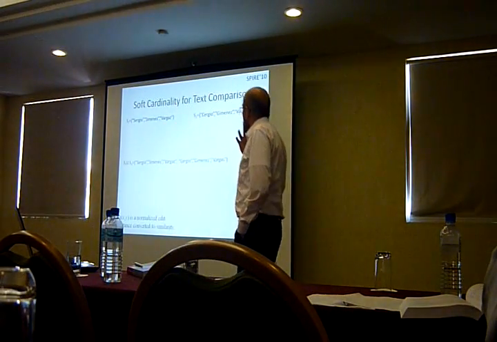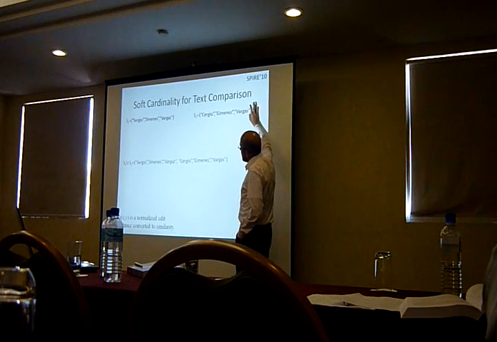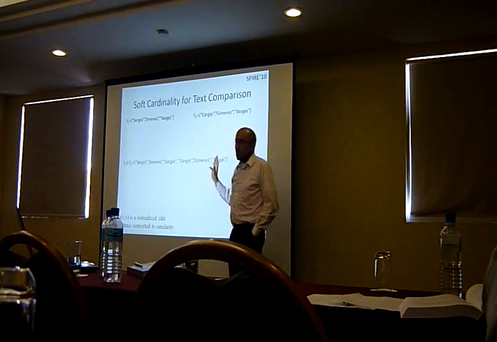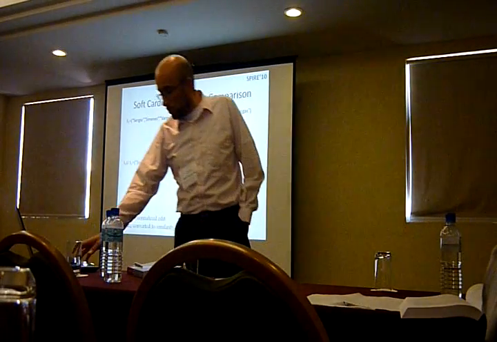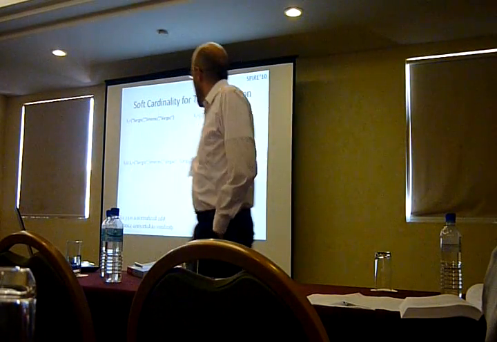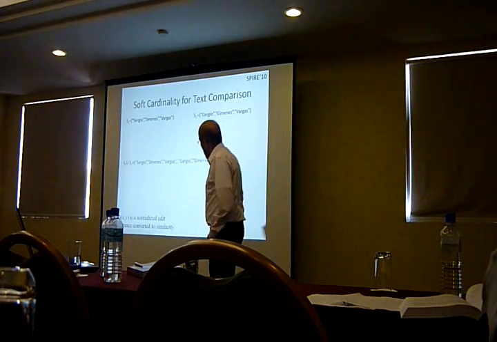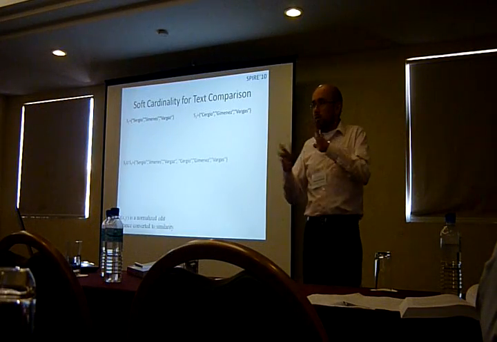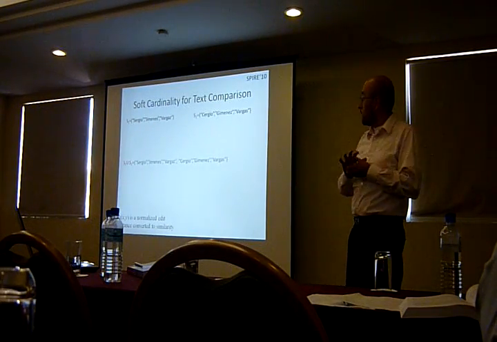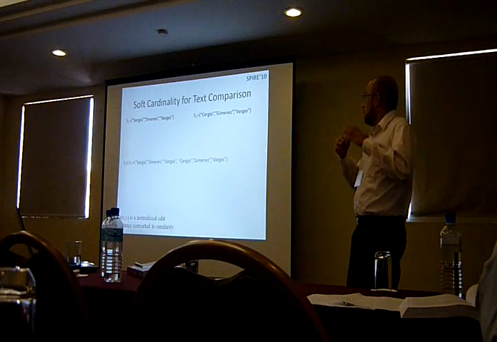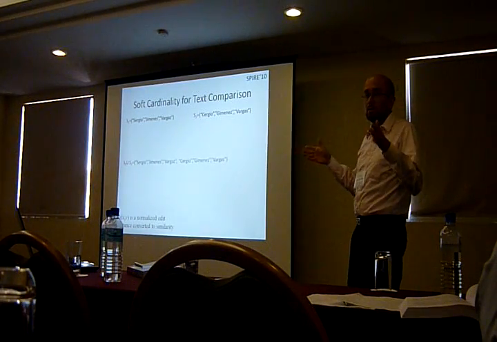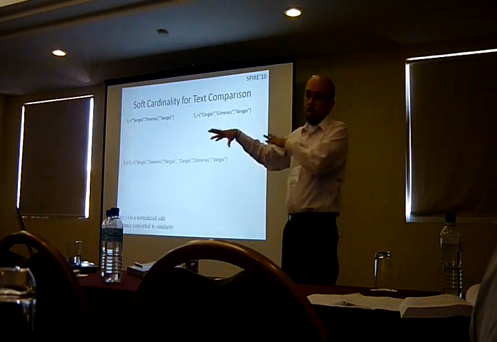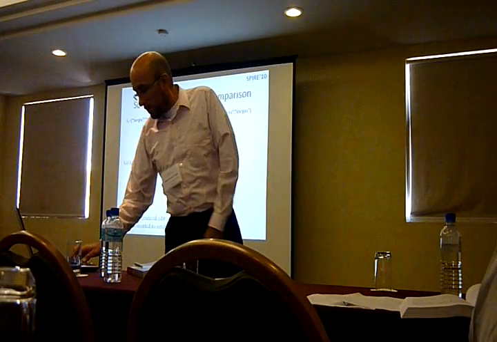Well, first of all, we have two sets, S1 and S2, and the union of the two sets is basically the concatenation of the two sets. And let's use as alpha the normalized edit distance converted to a similarity. So normalizing, counting the number of edit operations divided by the length of the largest term, and making 1 minus that number to convert to a similarity.